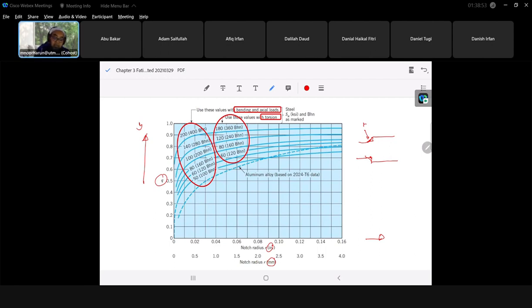Then ultimate strength. So the value is first ultimate strength, SUT in KSI. Then the next one is Brinell hardness.